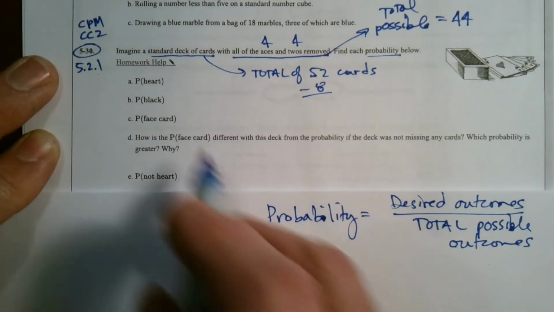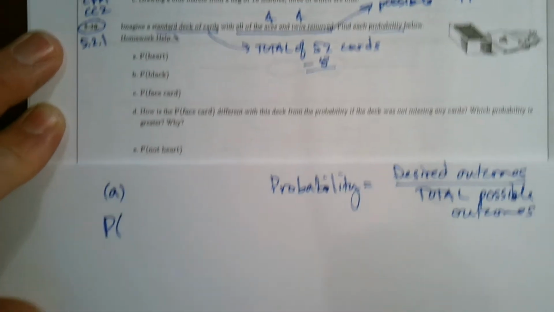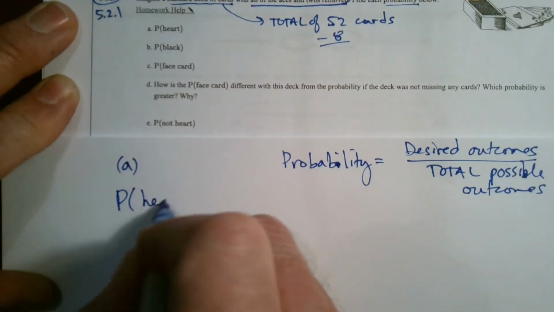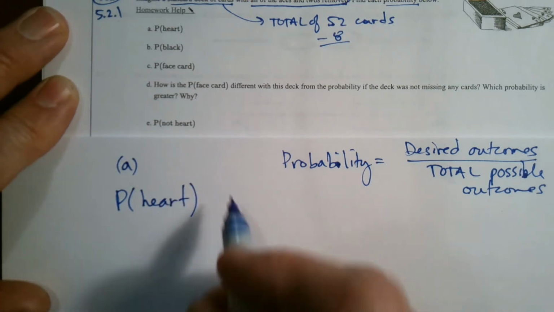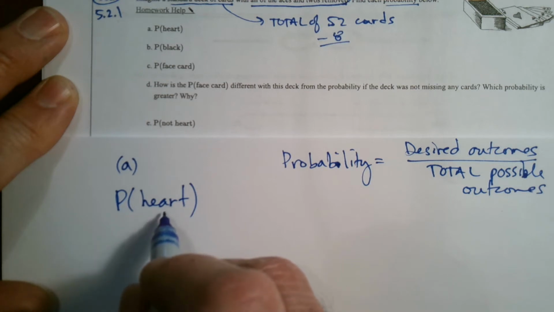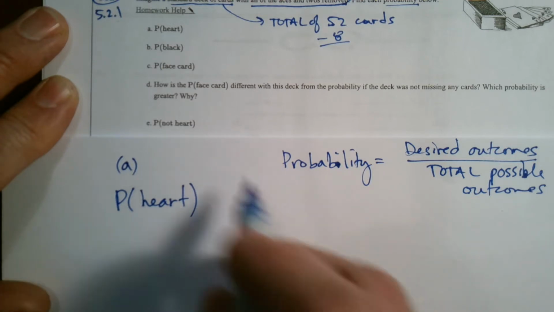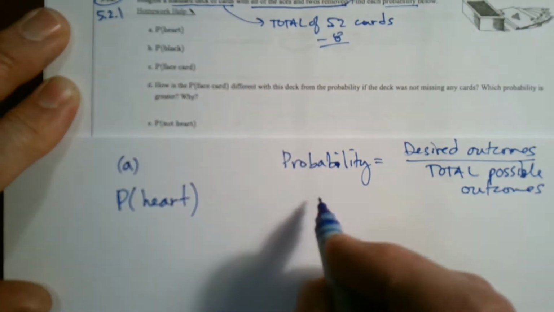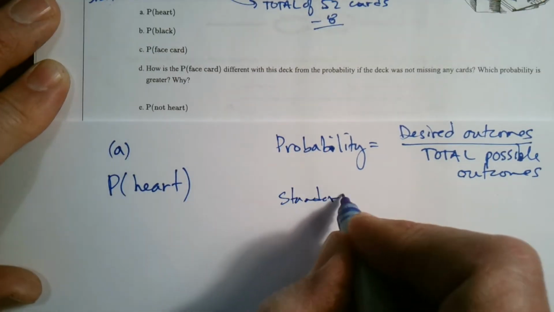Okay, so let's look at A. A says, what's the probability of pulling a heart out of the deck? Well, first of all, with a standard deck of cards, there are 4 suits. Make sure we understand that.